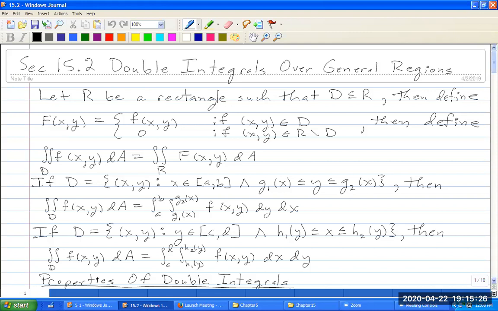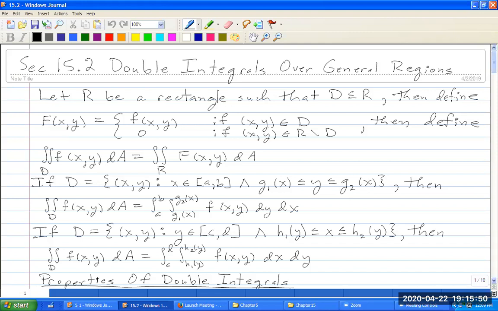If instead I have a region of type 2, say D can be written as Y is in between two fixed numbers, C and D, whereas X is in between these two functions, h1 and h2 of Y, then I can integrate as follows.